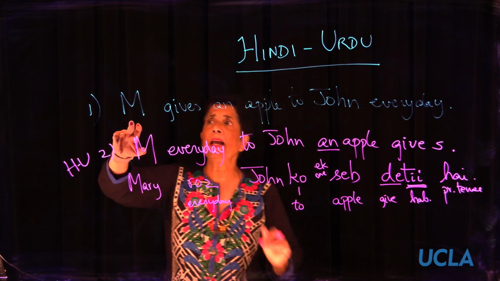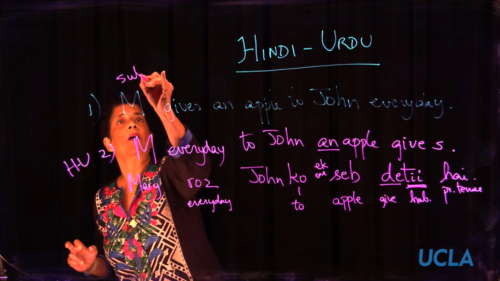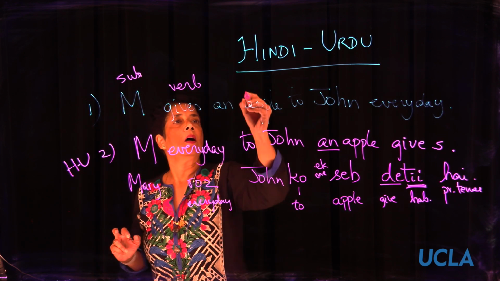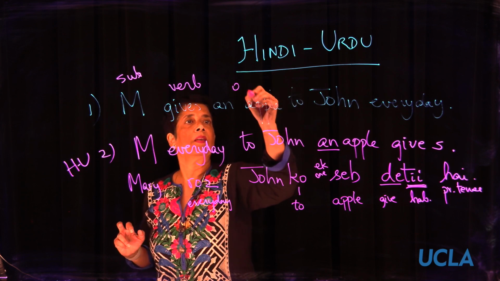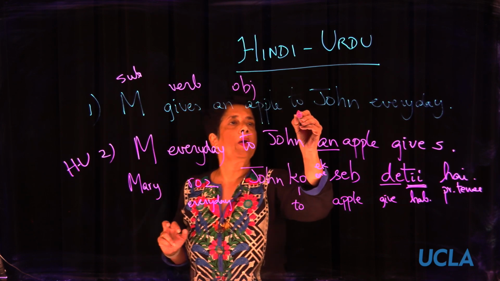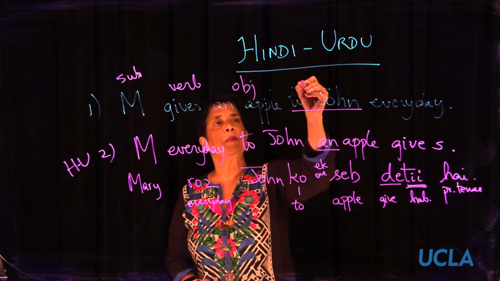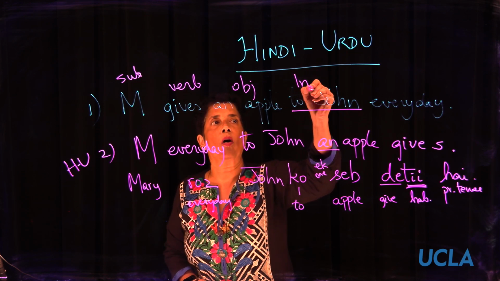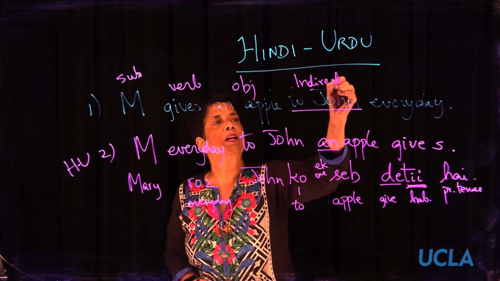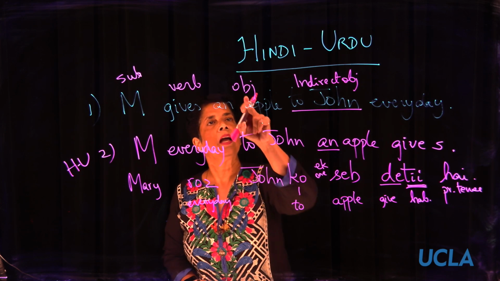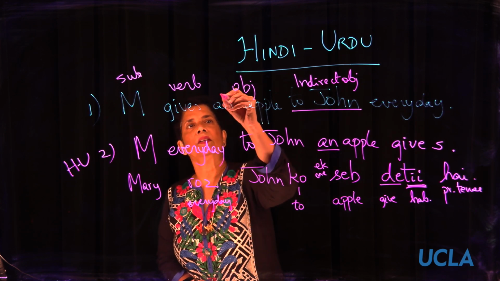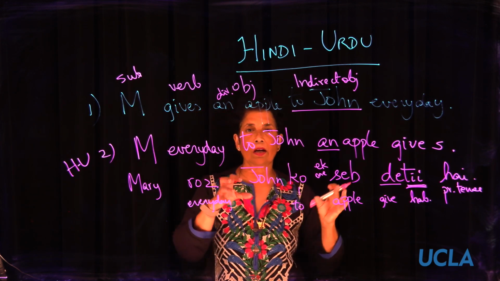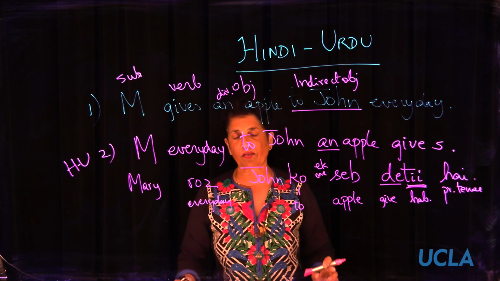So in English, we have our subject, we have our verb, we have the object, we have the recipient. Recipients are usually called, let's call it an indirect object. Okay, direct object, this is a direct object. Direct object is the object undergoing transfer.